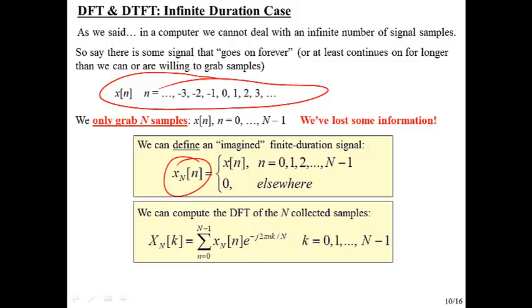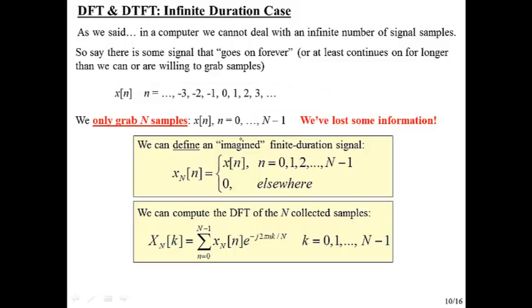Now we can imagine computing the DFT of these N collected samples. And here we're summing from n equals 0 to N minus 1. So really here there is no distinction between subscript N and no subscript N, but it does help us keep some notational perspective here.